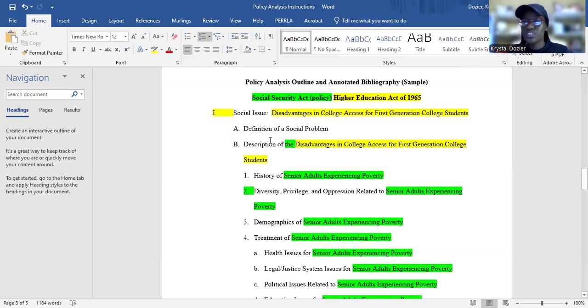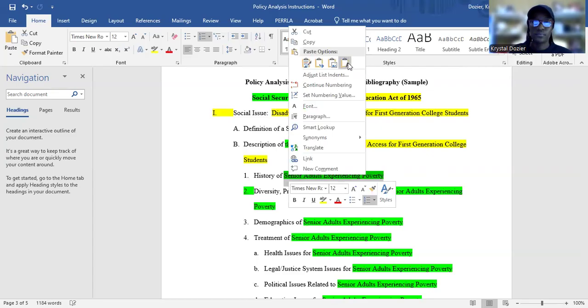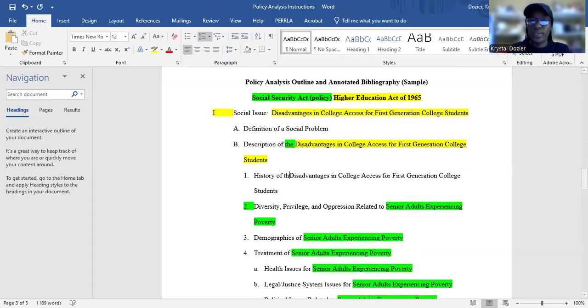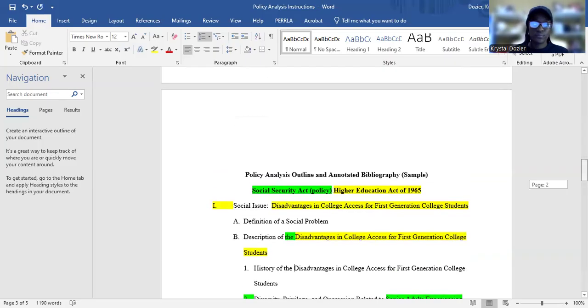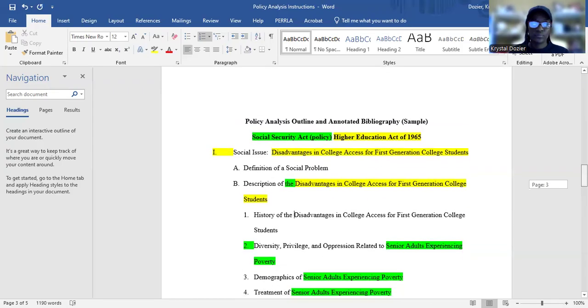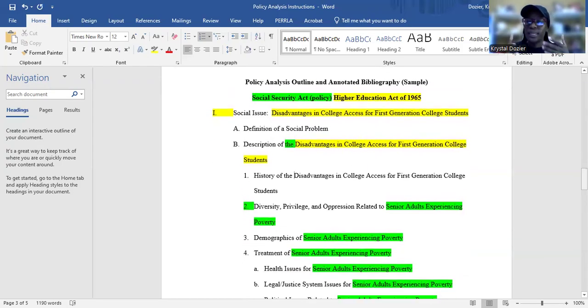And so you see how I'm just changing it out. History of, and I would go in and add my the. Okay, and that just makes your heading sound more clean.